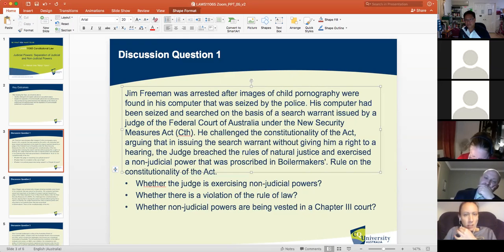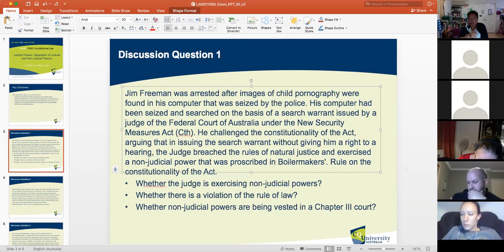Okay. Now, is there another rule that acts as an exception to the Boilermakers case? Persona designata rule. Thank you, Marie. Can somebody try to explain to us what the persona designata rule is about? Well, a judge can be a judge of a court, but if he is appointed or consents to being appointed to another form of tribunal, if he does so within his own personal right rather than within the court's jurisdiction, then that represents a persona designata rule.